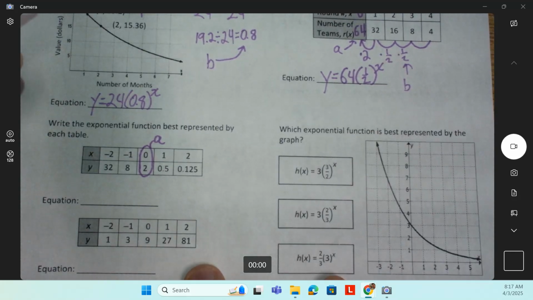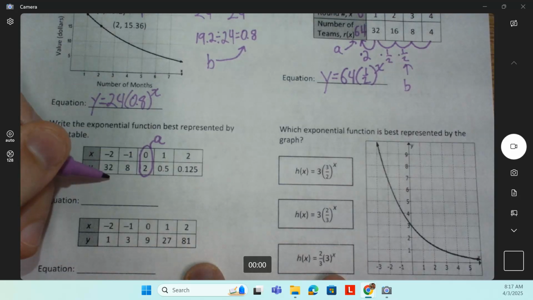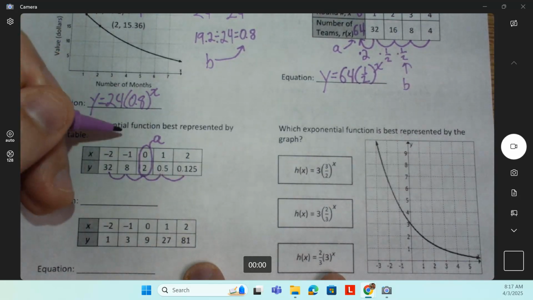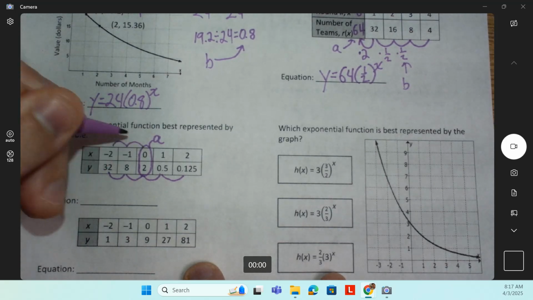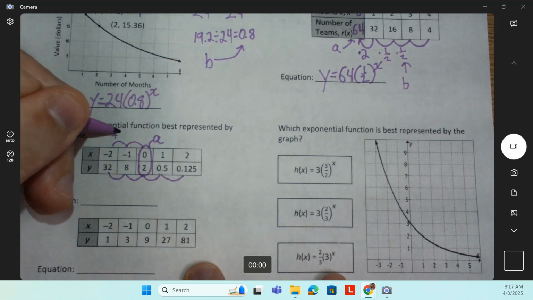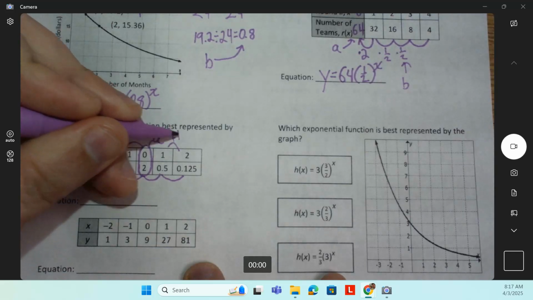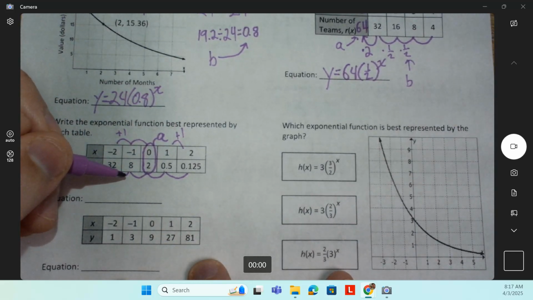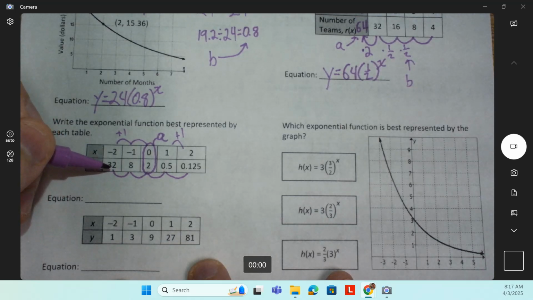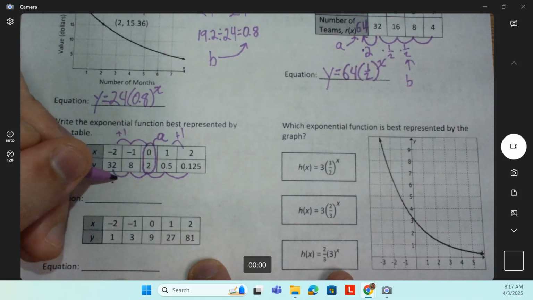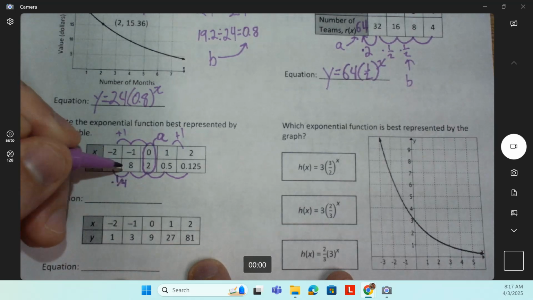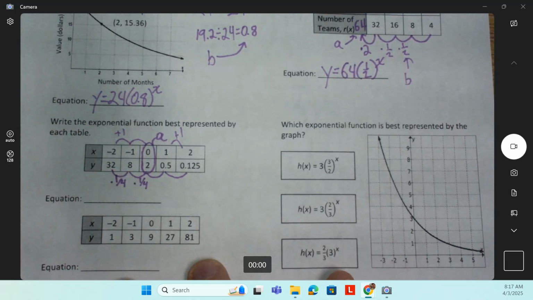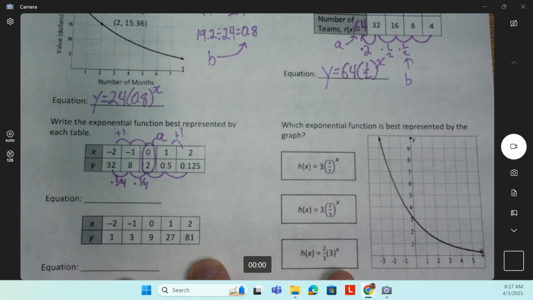The thing that's going to differentiate it here is what's happening to it when I'm going from one to the other. So as I add 1 each time, what's happening here? So when I go from 32 to 8, it's like I'm taking 32 divided by 4, which is the same as multiplying by 1/4. 8 times a fourth, we're just checking to make sure it's the same thing each time there on that.